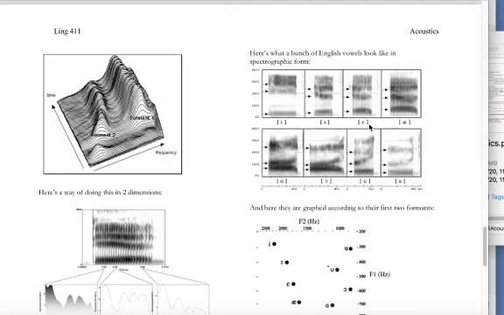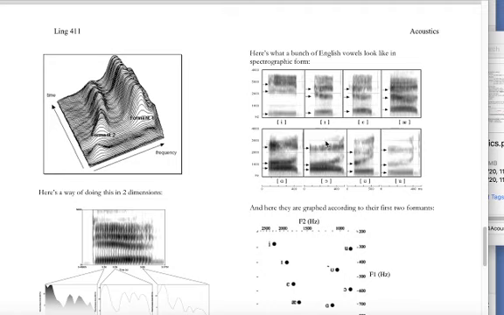That's not an accident. A little bit harder to see here because of the scale on the vertical axis is the changes in F1. But if we go from high through a little bit less high, through mid, through low, you might be able to see here that the first formant is rising. F1 goes up.